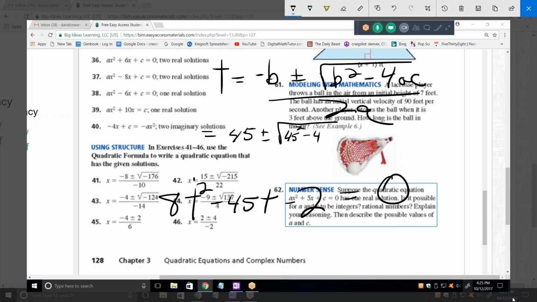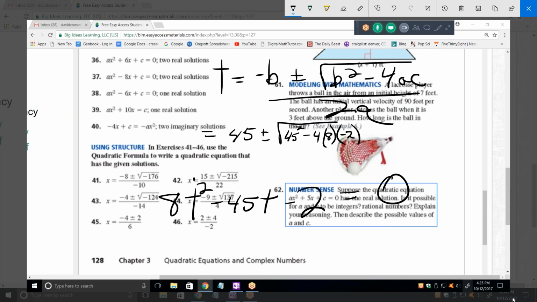In other words, remember, when you're squaring a number, you can ignore the sign of it because negative 45 squared is the same as positive 45 squared. So as long as I know I'm squaring it, I don't worry about the sign. Okay. So, 45 squared minus 4 times 8 times negative 2.